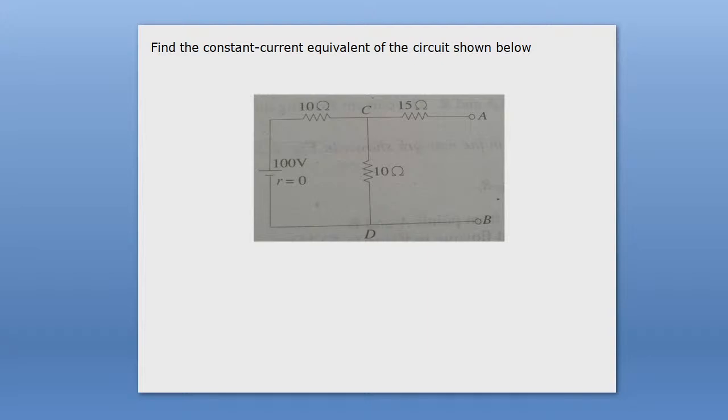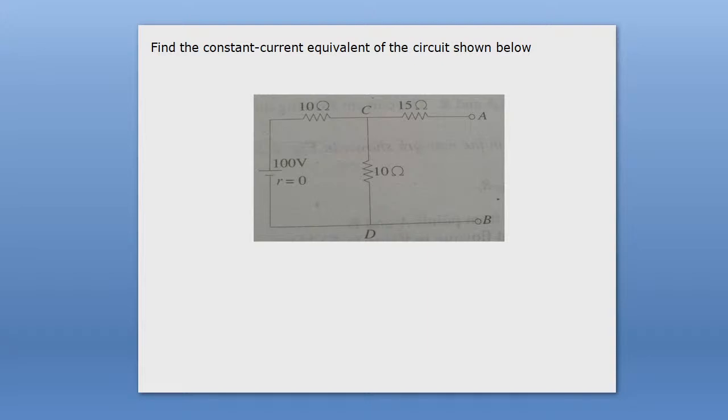Voltage source 100 volt, resistances are 10 ohm and 15 ohm and 10 ohm. Okay, so in the circuit you see here, a DC voltage source is connected, equal to 100 volt. This is one resistance 10 ohm, this is one resistance 10 ohm, and this is 15 ohm.